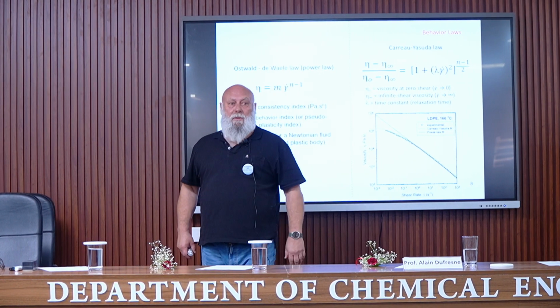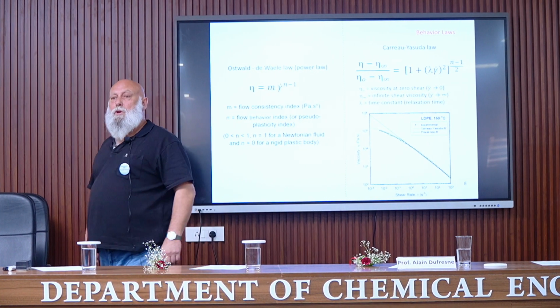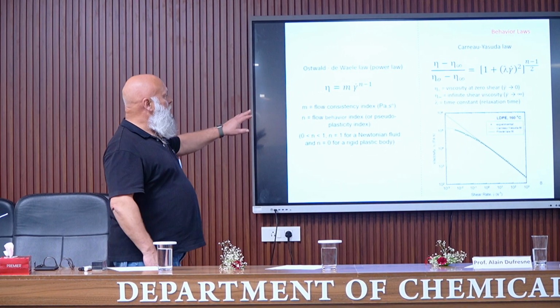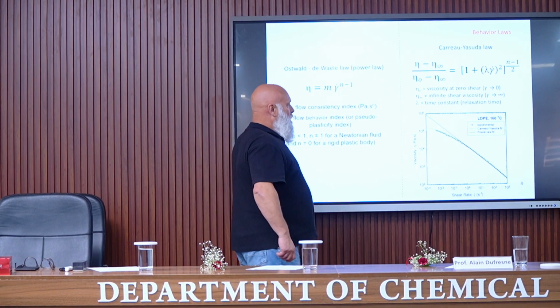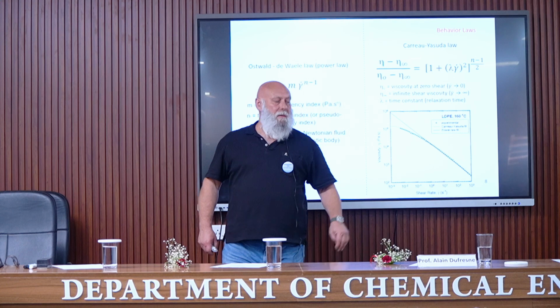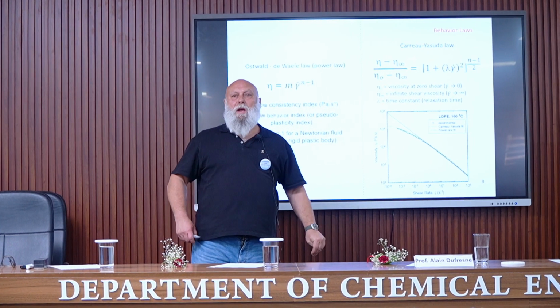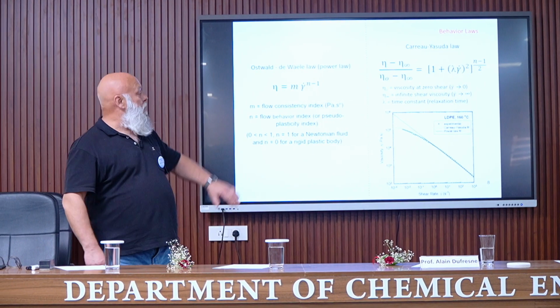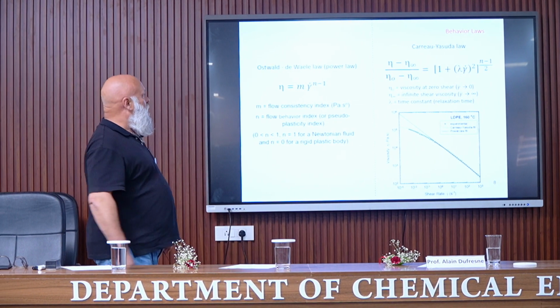It's not really a problem, because for any processing method, the shear rate will be high enough to be in this shear thinning range. But sometimes it can be useful to have the total description of the curve, and so different equations can be used.